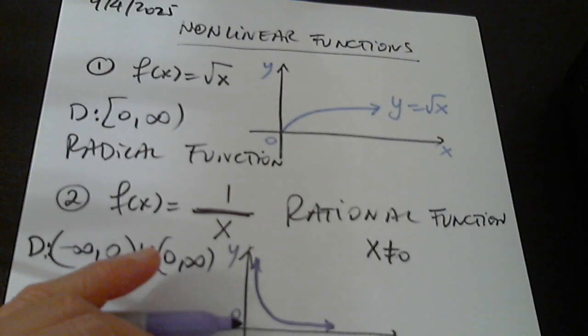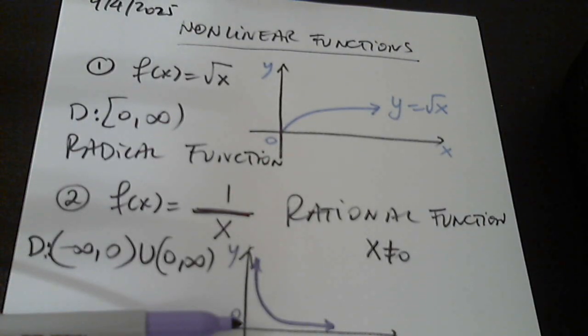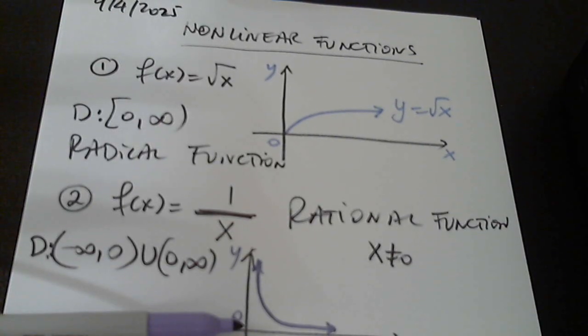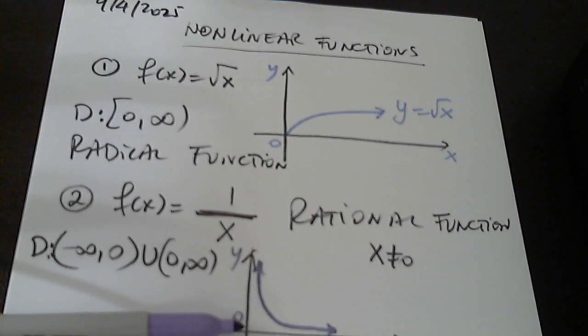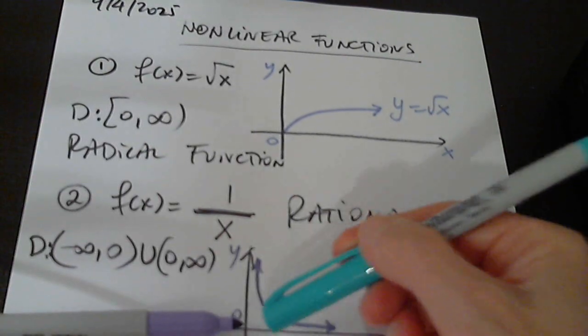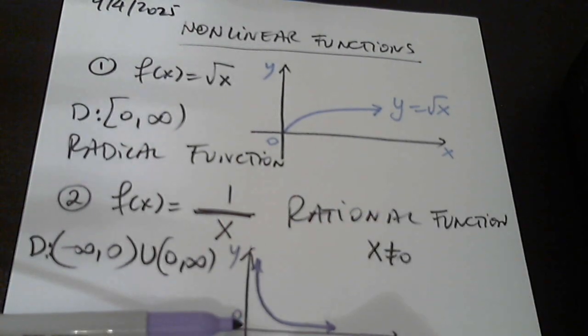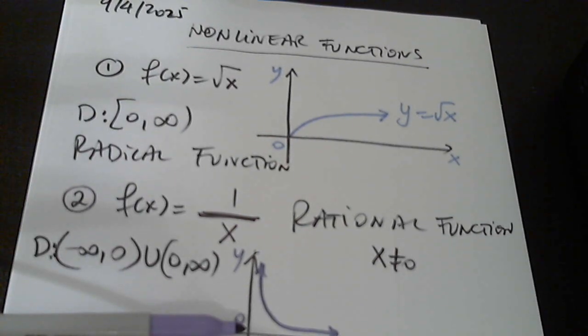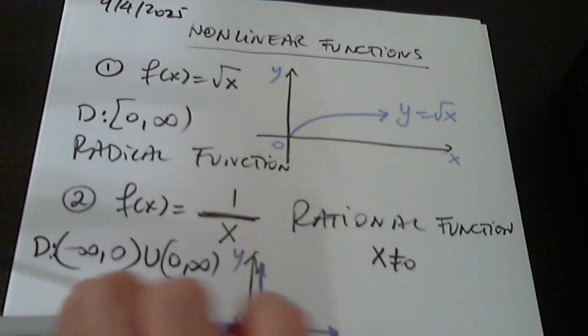So as x gets closer and closer to 0, the function values do this. Zero is here. Look where the function values are going. Negative infinity? Exactly. This is a very important concept.